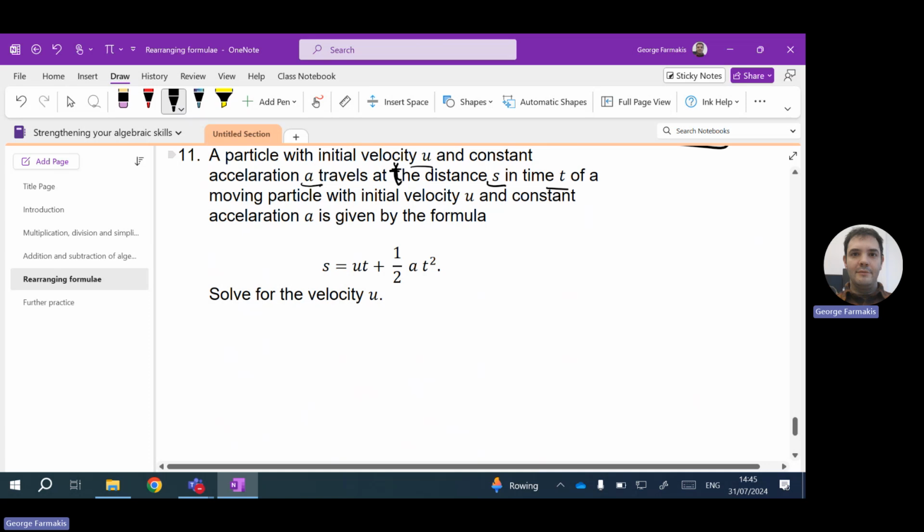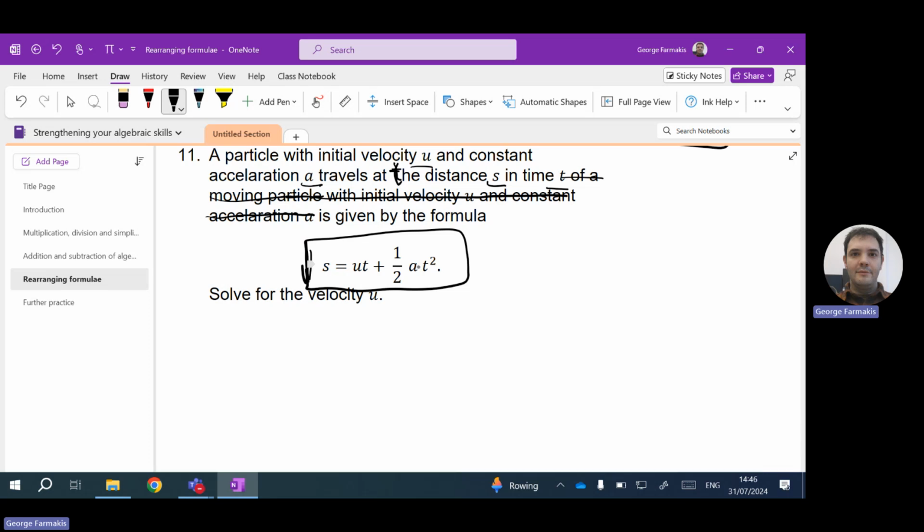So a particle with initial velocity u and constant acceleration a travels at the distance s in time t, and the formula is given by this. So the distance s is given by u times t plus 1/2 times the acceleration times t to the square. We want to solve for u, so we want to solve for this term.